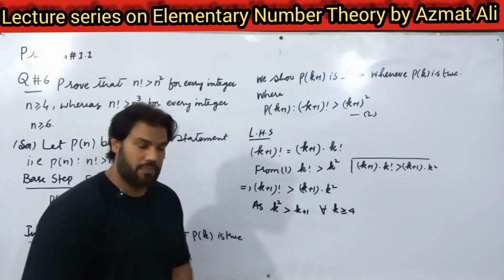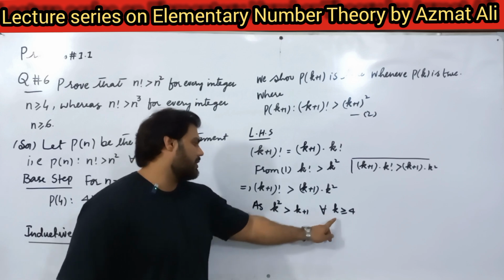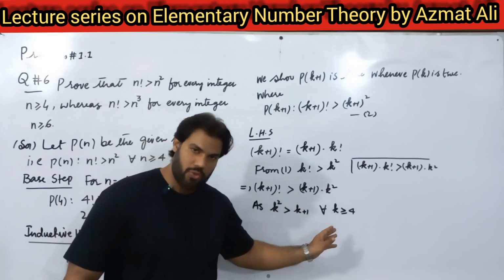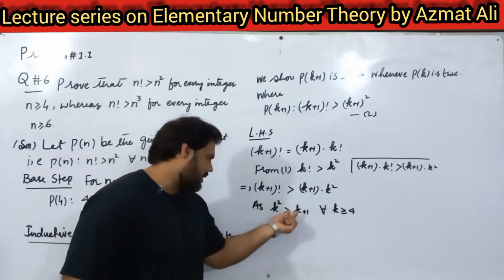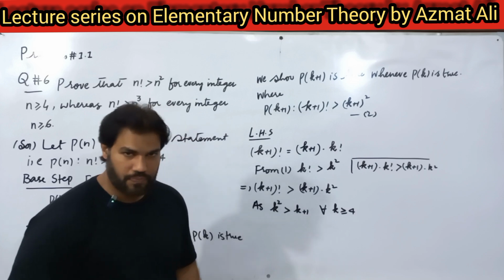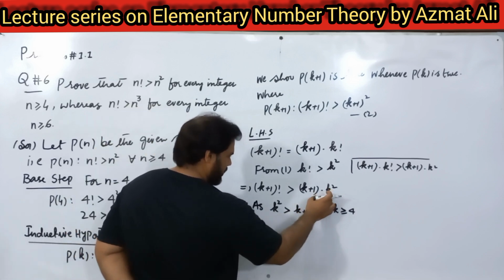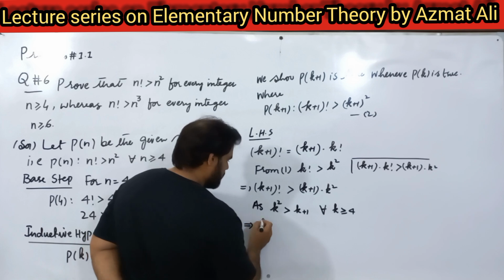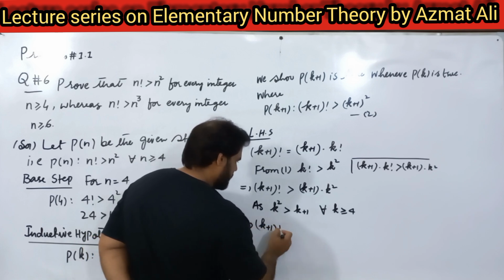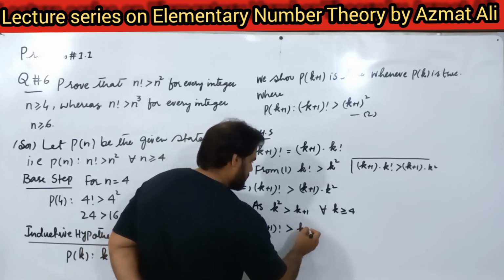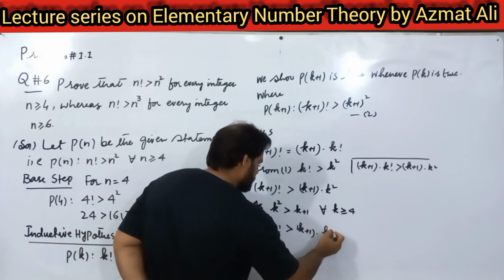You can check this. If you put here any k which is greater than or equal to 4, k square is always bigger than k plus 1. So if we put this k square here, this becomes k plus 1 factorial is greater than k plus 1 into k plus 1.